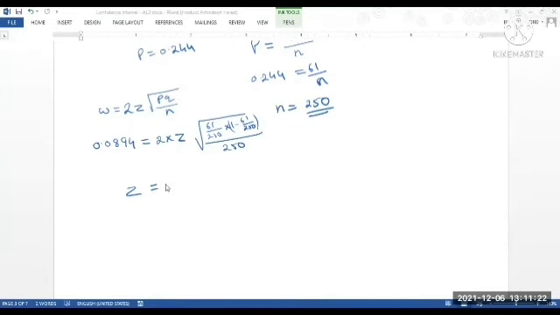Calculating this, you will get the z value as 1.646, rounded to 3 dp. So I've got the value of z.